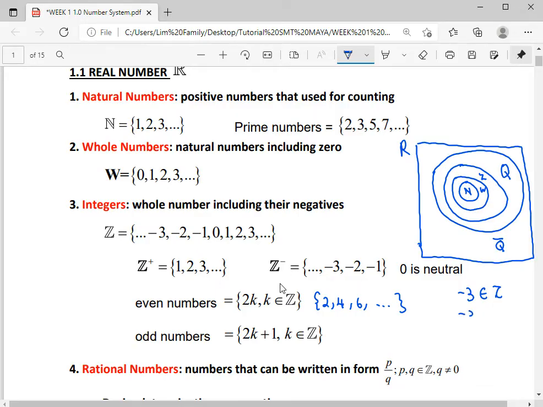So -3 is also an element of rational numbers, and -3 is also an element of real numbers. So -3 sits inside this set, which is also under Q, and also under real numbers.